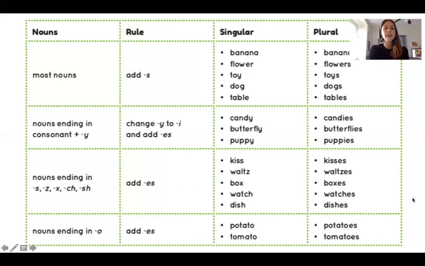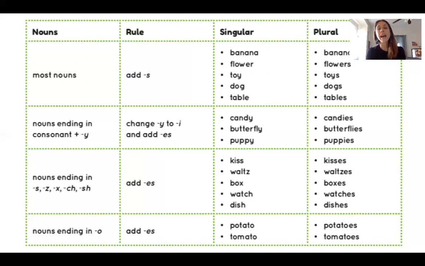Okay, so nouns ending in consonant sounds like s, z, k, ch, sh. These are pretty voiceless sounds like ch, sh, s, z, okay? Most of these are voiceless, so it doesn't buzz. You add ES, otherwise it'd be very hard to pronounce these words. So imagine trying to pronounce kiss-s, or waltz-s, box-s.